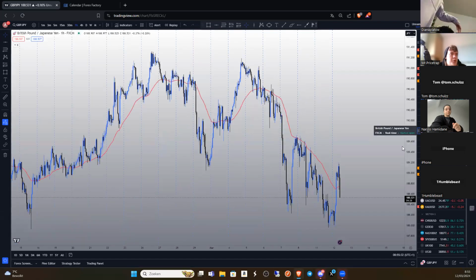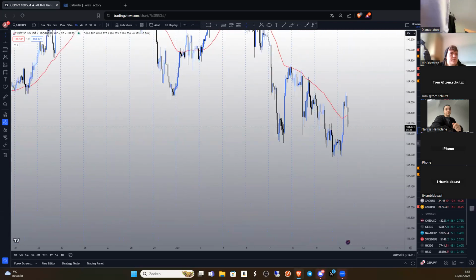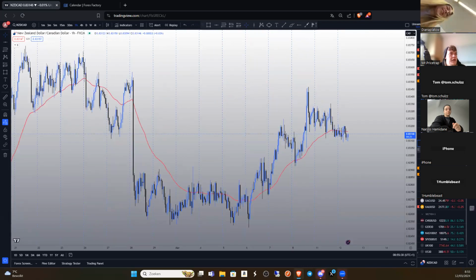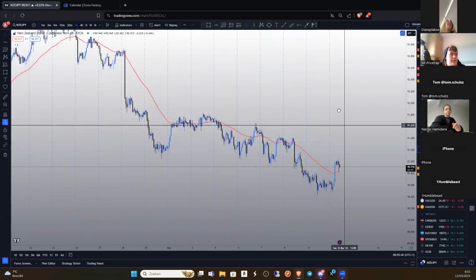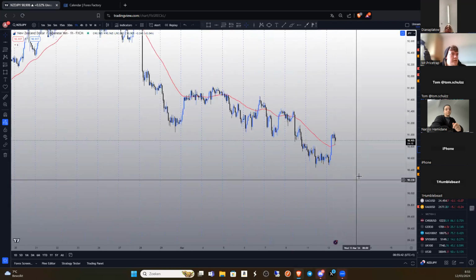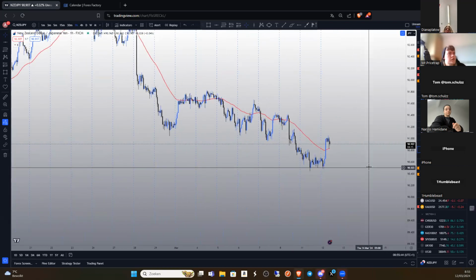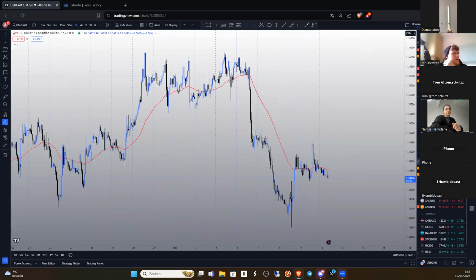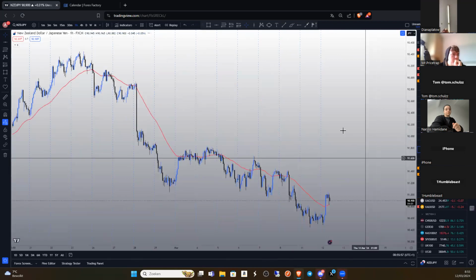Pound pairs are moving pretty strong. I'm gonna stay away from them as we don't have a lot of clean traps to use. NZD USD, yeah, I'm gonna stay away from it. I don't like it personally. If you like it, you can trap it, of course, but I'm staying away from it.